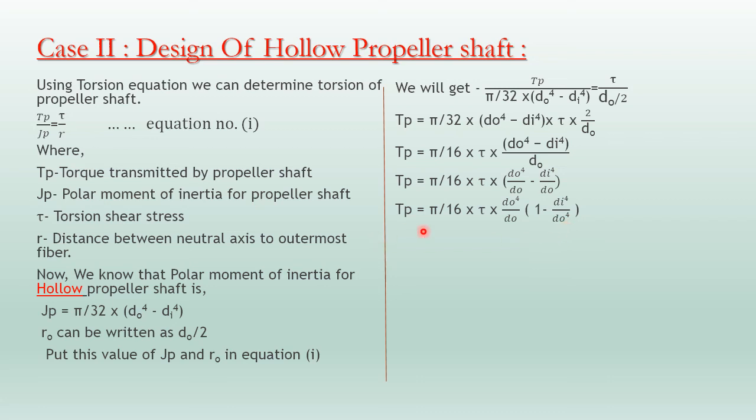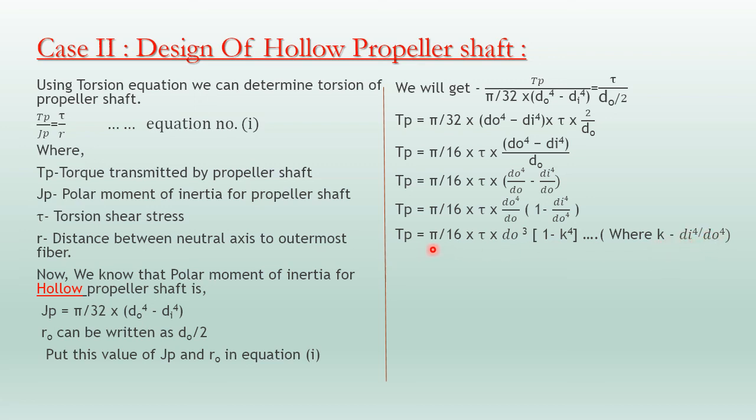Now this equation looks so complicated. So for the simplification purpose, let's introduce another term over here, that is k, small k. So Tp equal to pi by 16 into tau into Do raised to 3 into bracket 1 minus k raised to 4, where k is Di divided by Do.